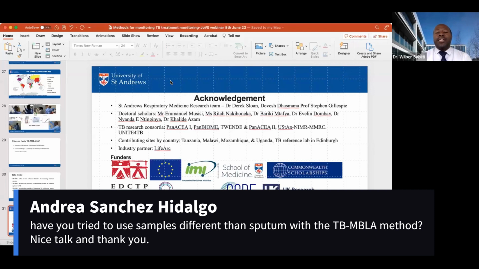We have also done it on cerebrospinal fluid. Some people have done it on lung tissues from some of the animal models, mice and guinea pigs. And then we have colleagues in Barcelona who are running it on the fruit fly to quantify bacterial load from the fruit flies.